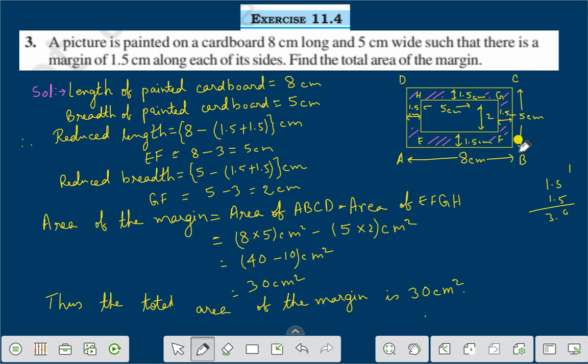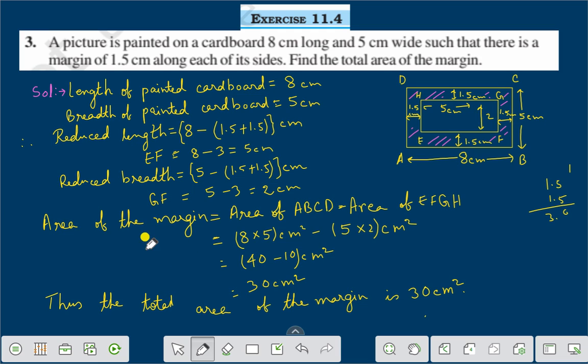Here also you see, this is 5 centimeter, right? The breadth is 1.5, this is 1.5, this is also 1.5. The reduced breadth will be 5 minus 1.5 plus 1.5, that is 5 minus 3, that comes to 2, right?